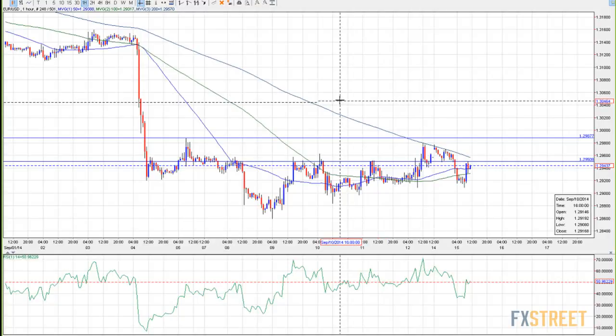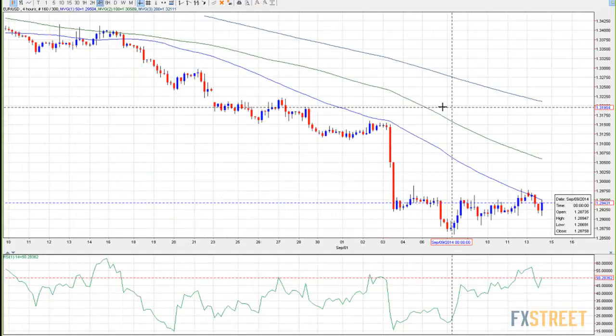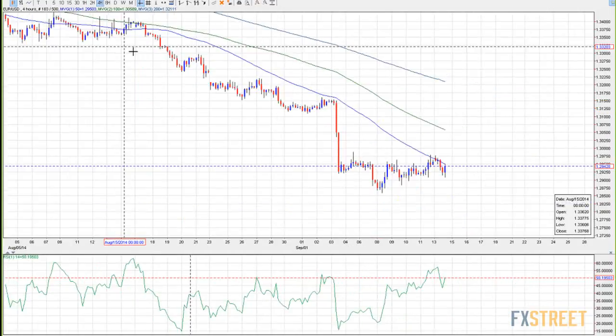Here we're in the 4-hour chart, and I just want to measure this attempted price bottom here.